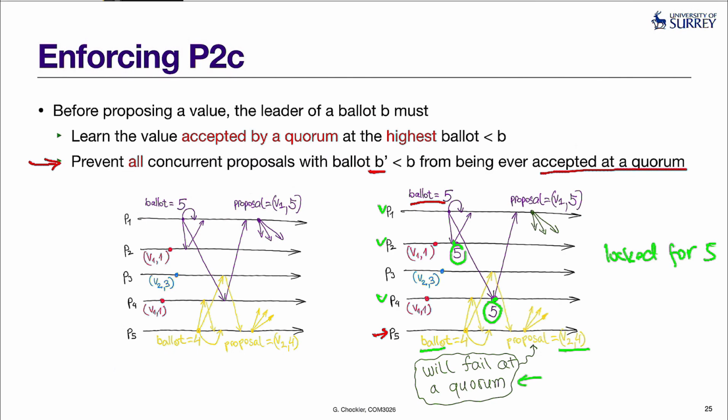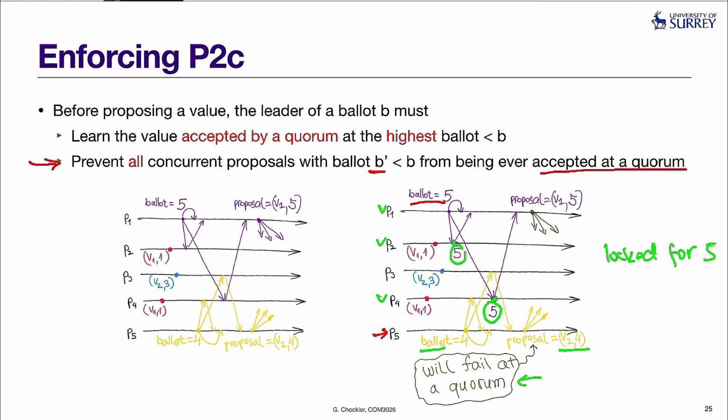And that is of course provided that the proposal of ballot 5 actually managed to get chosen, that it managed to succeed at the quorum. If the proposal with ballot 5 does not succeed at the quorum, then we don't care, and in this case the proposal of ballot 4 can go ahead.